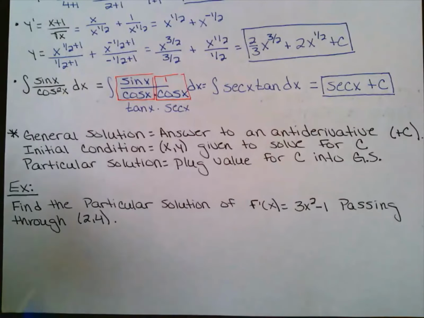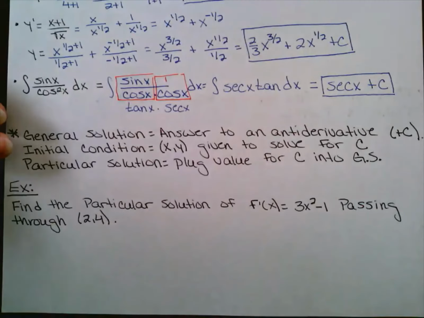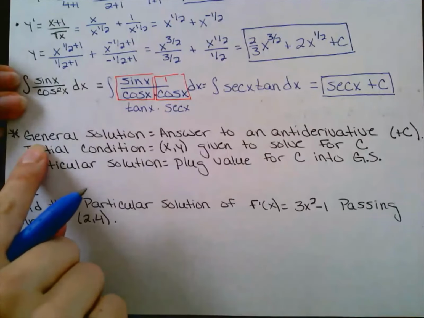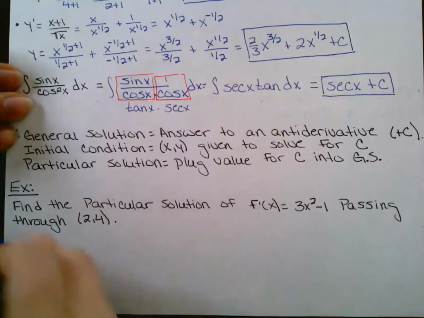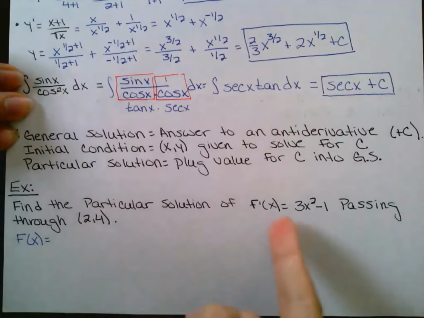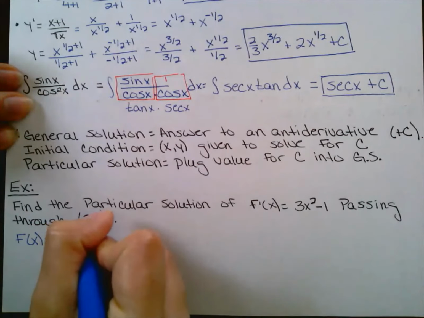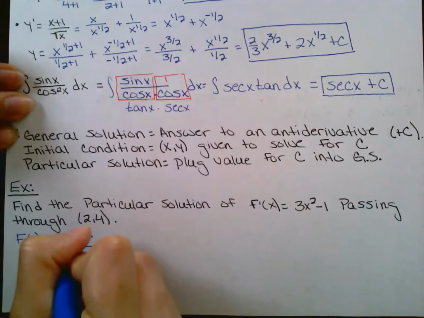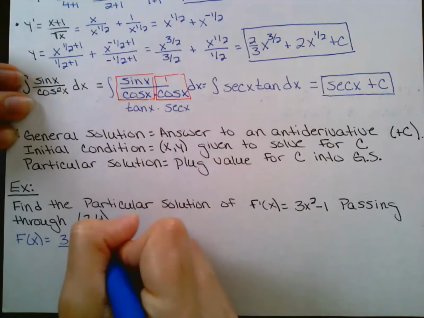Okay, so let's look at this question. Find the particular solution of f prime of x passing through 2, 4. Step 1 is going to be to get my general solution. Okay, so if this is f prime, that means f is the antiderivative of 3x squared. I have 3x squared. I'm going to add 1 and divide by that new exponent, minus the antiderivative of 1.